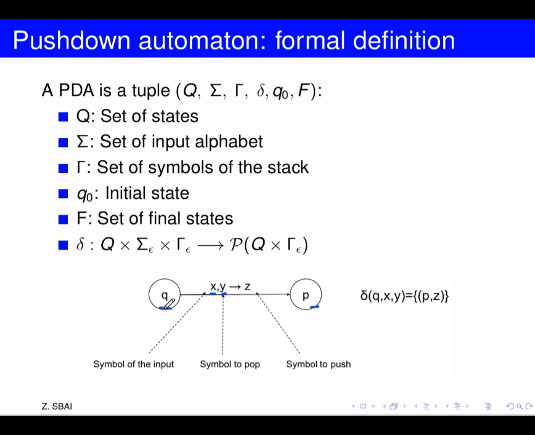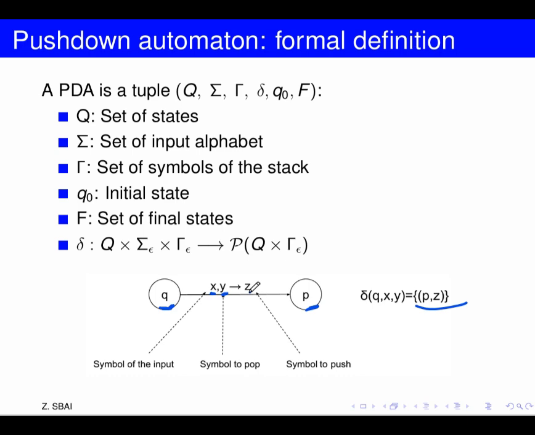So these are the 3 information from the input of this transition function: the state, the symbol from the input, and the symbol on top of the stack. And the output will be here the next state, here it's P, and the symbol to be pushed, the symbol to be written on the stack.